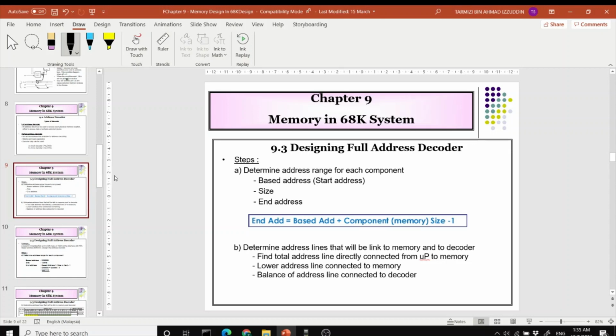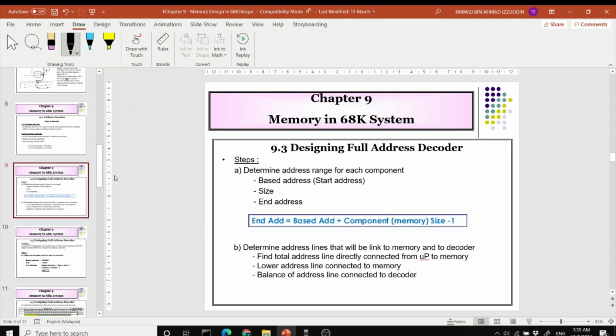First, you need to determine the base address that you want the 68K to be accessing for your peripheral.